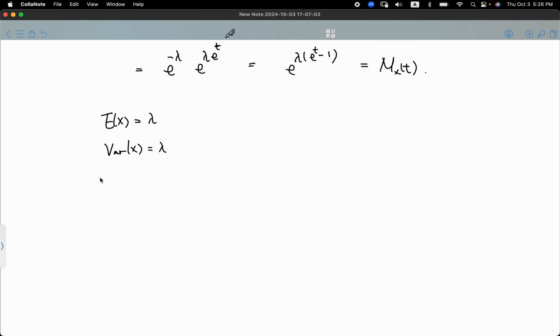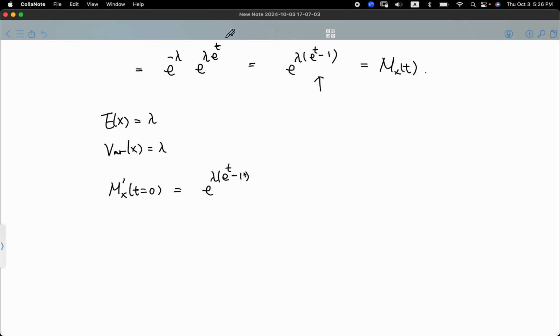Okay, for this example, we need to take the derivative with respect to t, right? Because the moment-generating function is a function of t. So we need to take the first-order derivative, and then set t equal to 0. Essentially we just need to take a derivative of this expression. What we have is itself, and then multiplied by something coming from the chain rule.